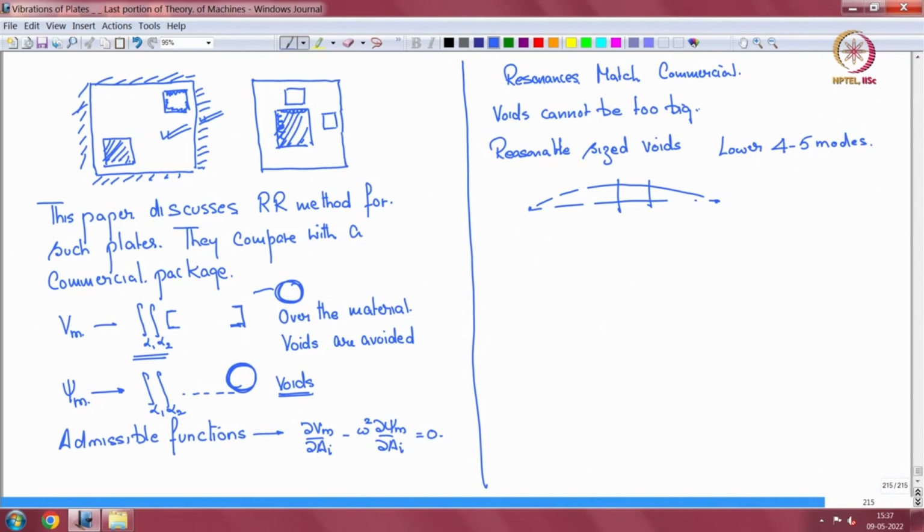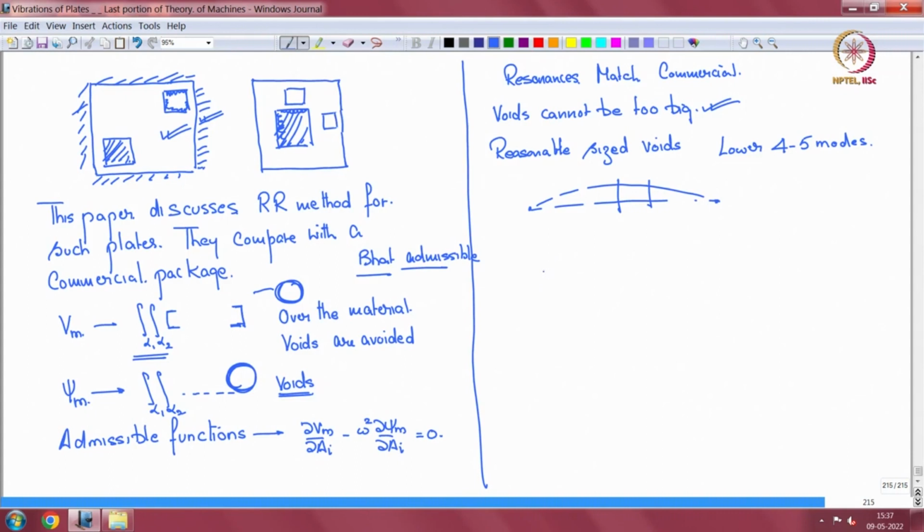But for voids that are not too big, you can try this, and the paper lists results. You can use the Bhatt polynomials that I discussed, Bhatt admissible functions, and try this. Without too much detail, I am giving you things to try.